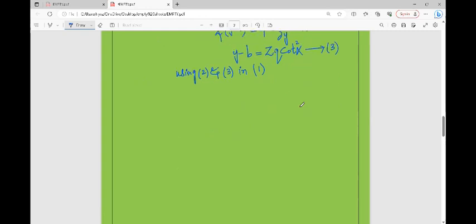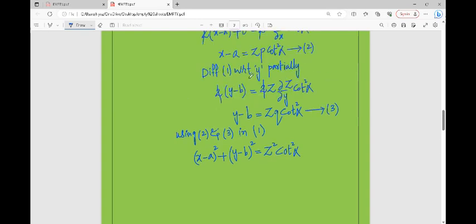What is it, leave it, let it go. So our equation number 1 is x minus a whole square plus y minus b whole square is equal to z square into cot square of alpha. Now we already have the value of x minus a, you can see here: x minus a is z p into cot square alpha.